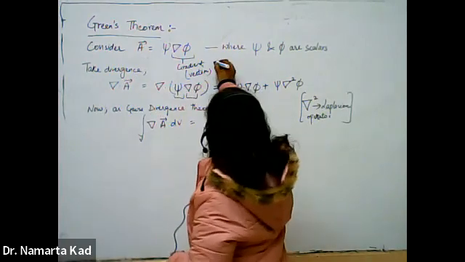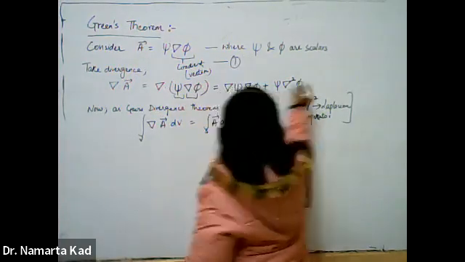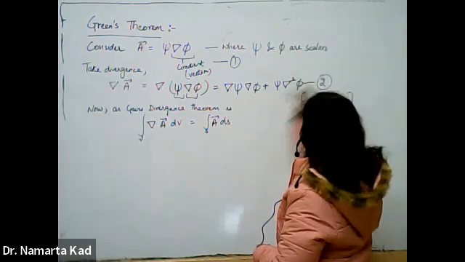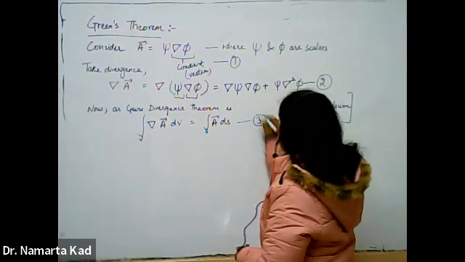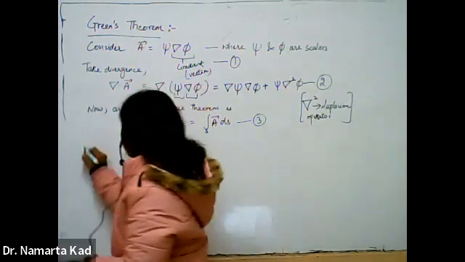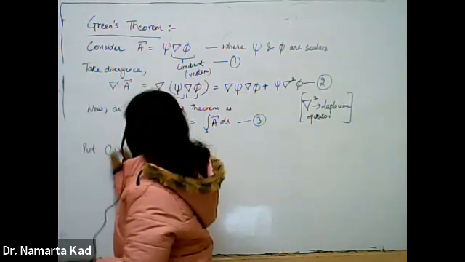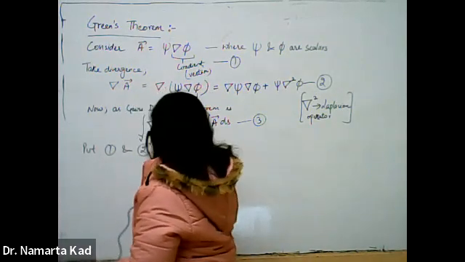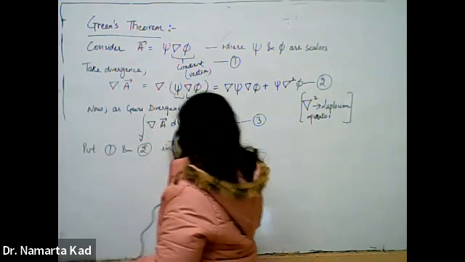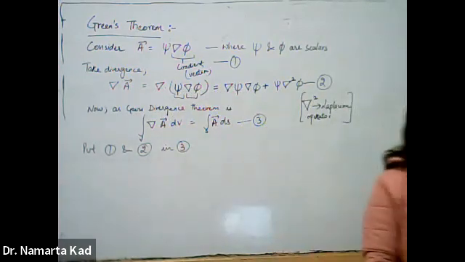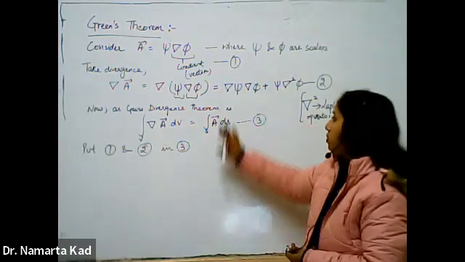I'm just going to mark this as equation number 1, this as equation number 2, and this as equation number 3. So put 1 and 2 in 3.